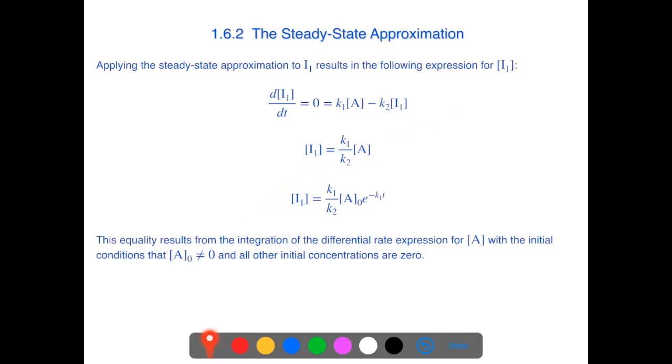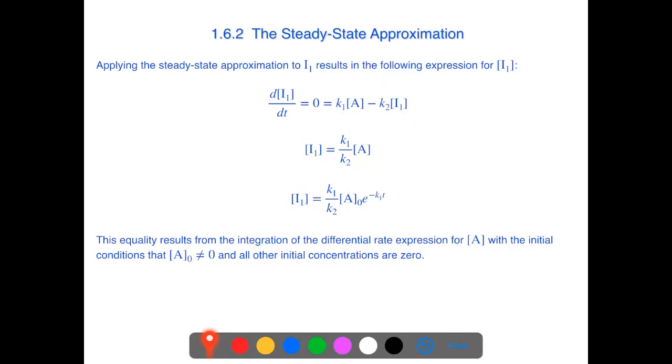So if we do so for intermediate 1, if we take the net rate of change of intermediate 1 with time and say that is equal to 0, that's taking those two terms in our rate expression and equating those two terms to 0. In doing so, we can now solve for I1 in terms of the concentration of A and the rate constants responsible for those two steps.